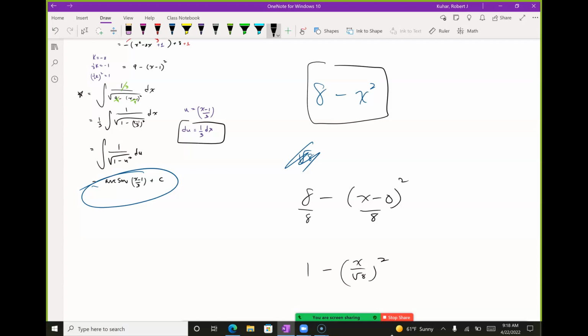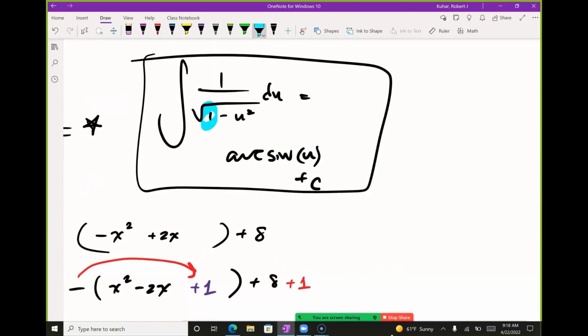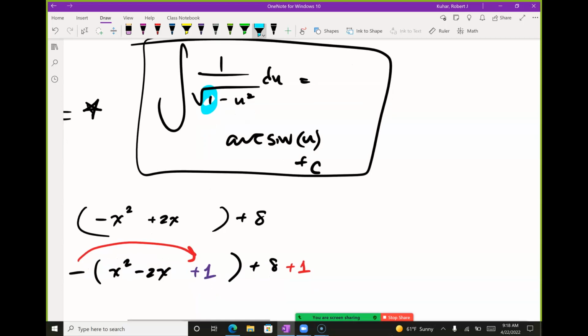So, just practice. I thought we always have to have 1 on the inside. We don't. You're talking about this, right? We always want that 1 there, right? Yeah, and we got it because this one was 2 instead of 8x or something.